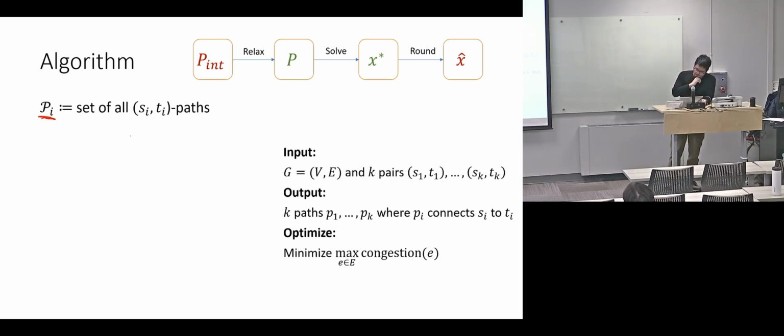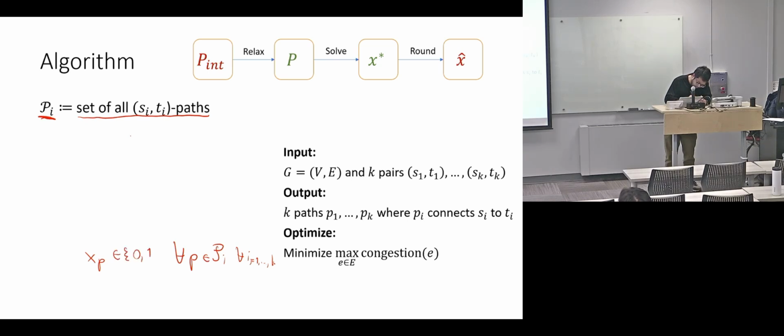Let's say that PI is the set of all SI-TI paths. I'm just going to start for you: for each path in PI, for all I equals 1 up to k, let's create a variable for whether I choose this path or not.